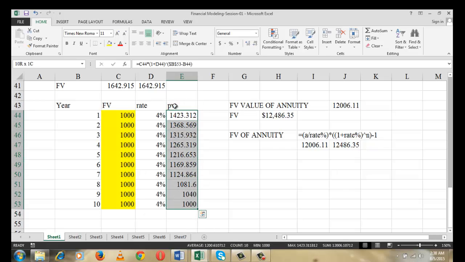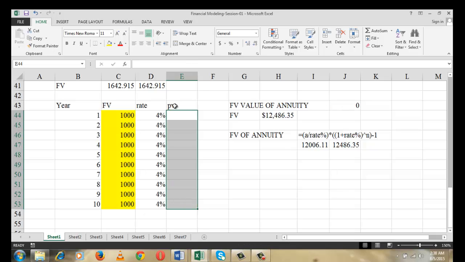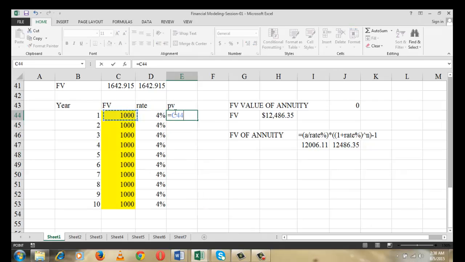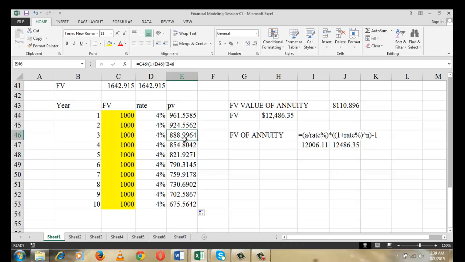In order to work on the present value calculation, you can take future value of money divided by 1 plus r percent to the power n. Take this value and take the total sum of them.